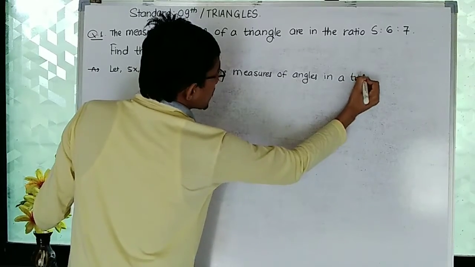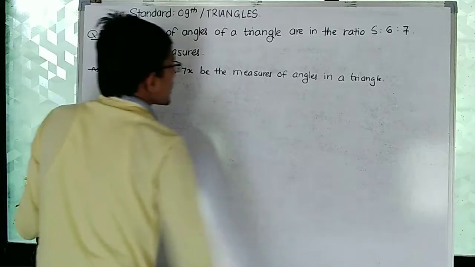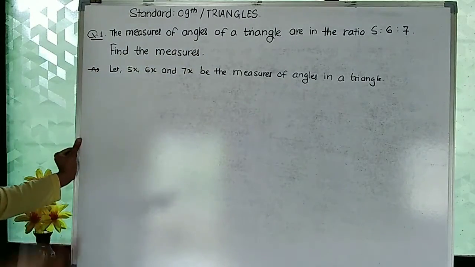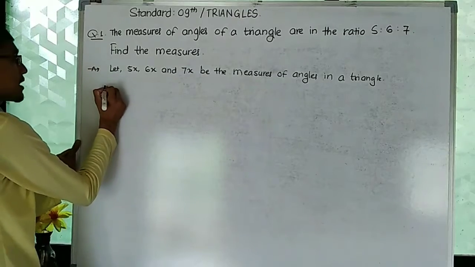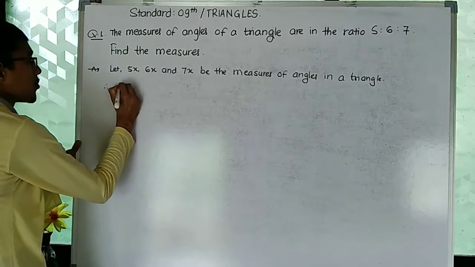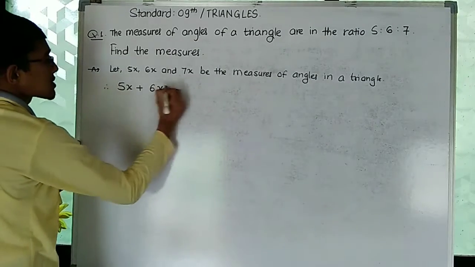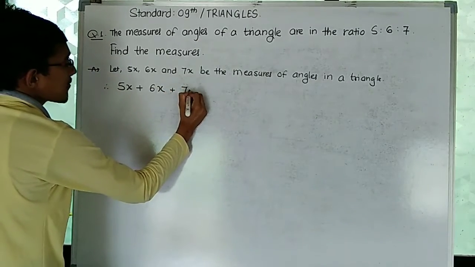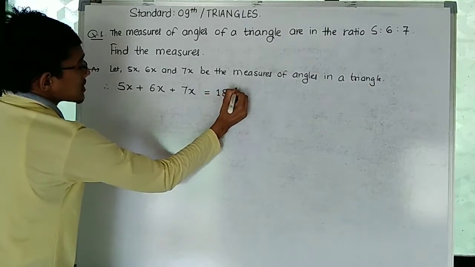Okay, I have taken 5x, 6x and 7x as the measures of angles for my triangle. In that case I can write 5x plus 6x plus 7x equal to 180 degrees.